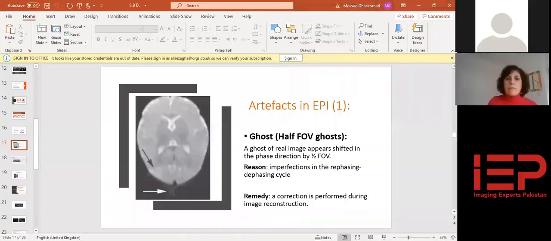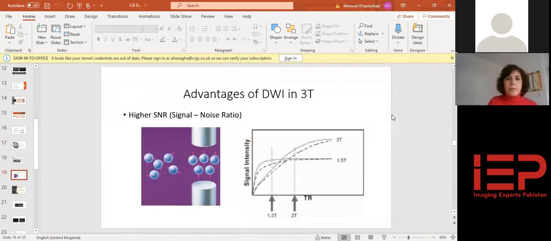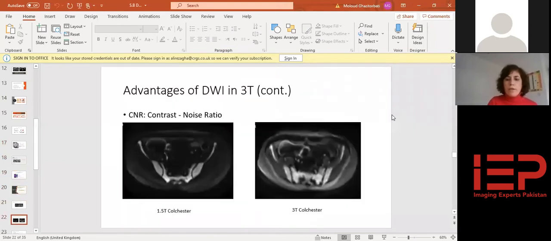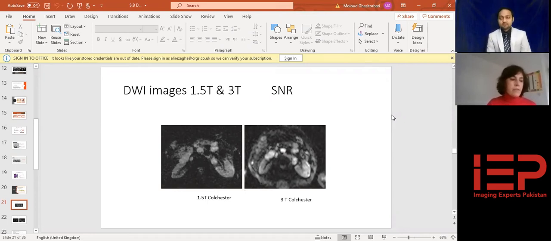Yeah, so basically, do you want me to share the screen so you can see my presentation? Yes, Moloud. Okay, let me just get the image about DWI. Okay, here we are. So basically, diffusion weighted imaging is all about the mobility of water molecules, especially when the mobility is restricted to a specific orientation.